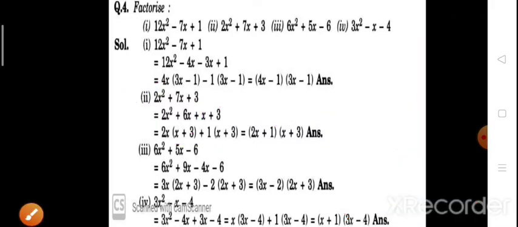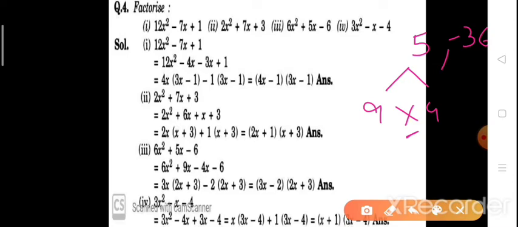Again in the third part, we have to choose two factors which give plus 5 in the middle and minus 36 on multiplication, right? So how can I do this? Just suggest me two factors. Yes, I can take 9 and 4 here. On multiplication I will get 36 and on subtraction I will get 5.